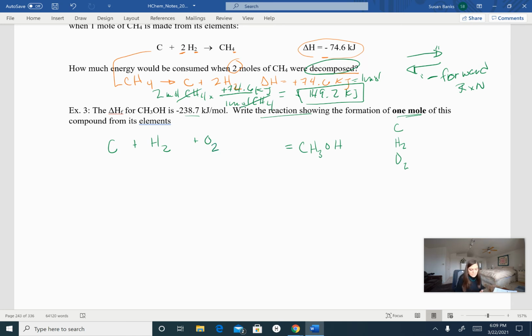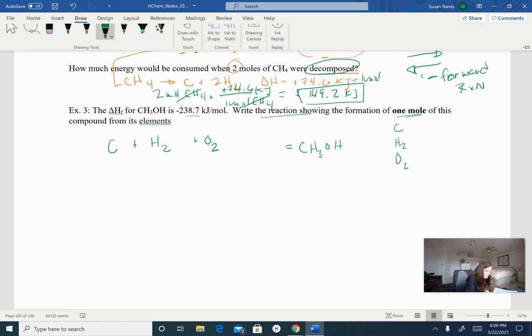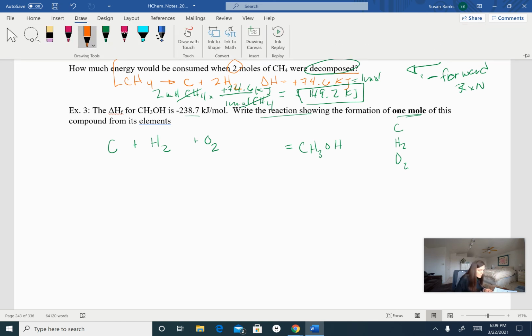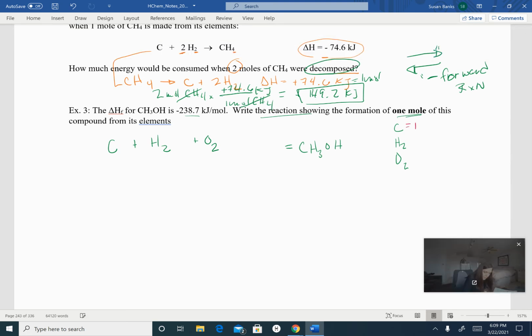Now, the thing that we need to think of is how many of each of these atoms do I need to make one thing of methanol? So I need 1 carbon. I need, let's see, 4 hydrogens. Can I get 4 hydrogens out of groups of 2? I can.